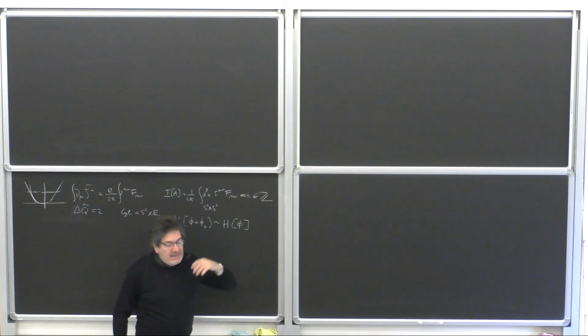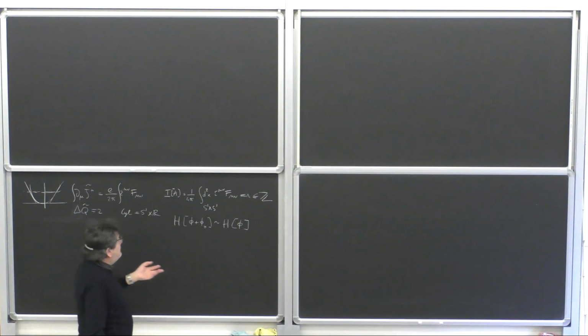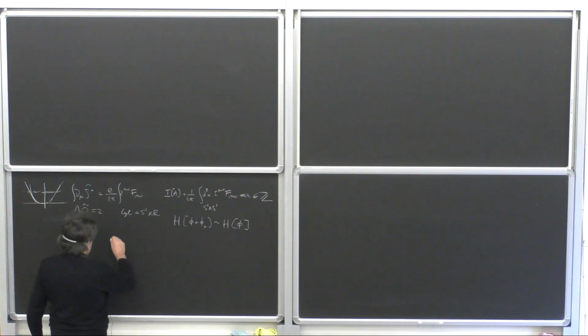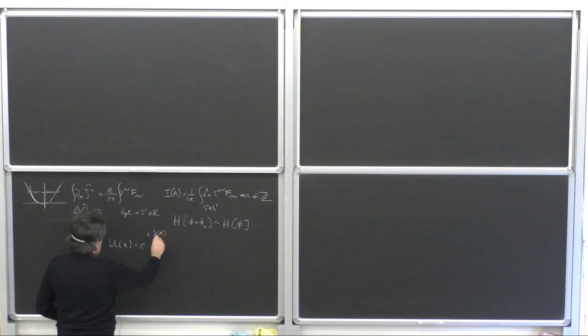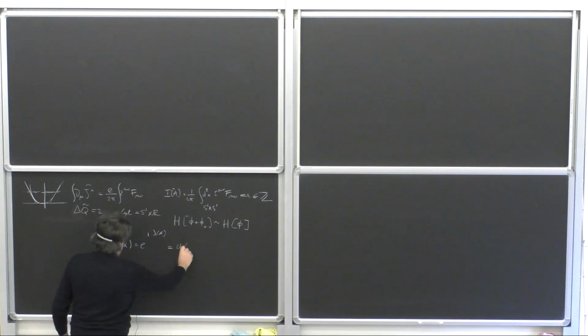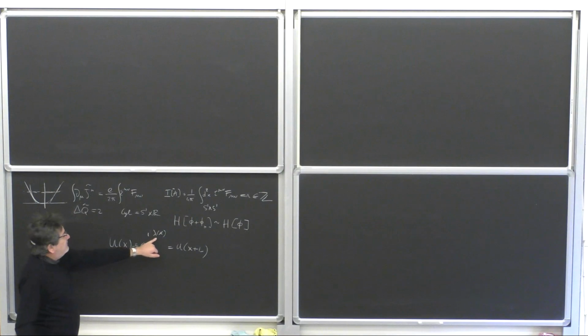A large gauge transformation is periodic for U, but not periodic for lambda.